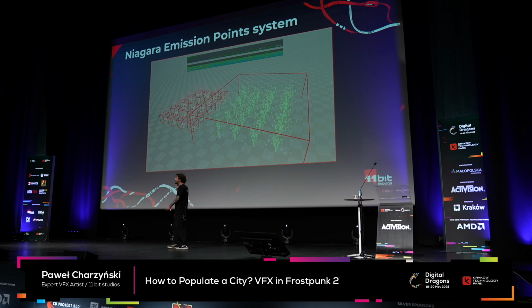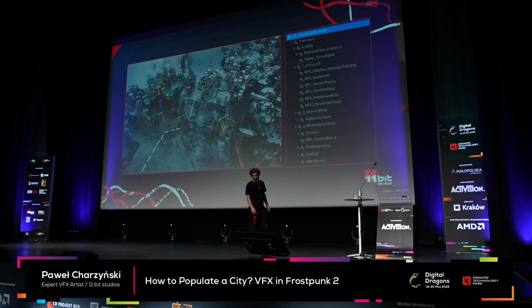So what we did, we spawned points on the chimneys, only points that stored the position values, and then we iterated through the Niagara system. We had one big blueprint that was spawning our Niagaras.